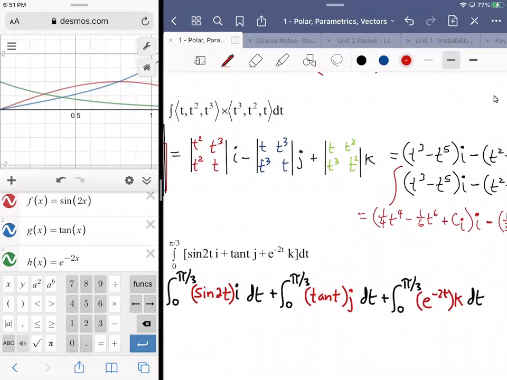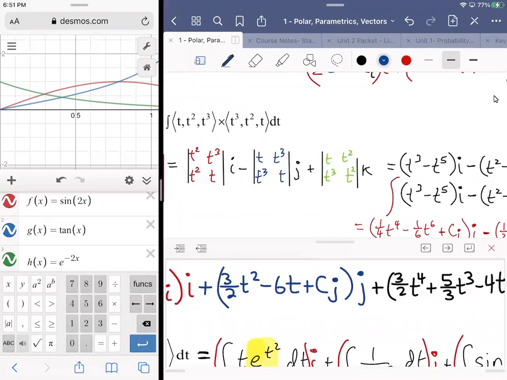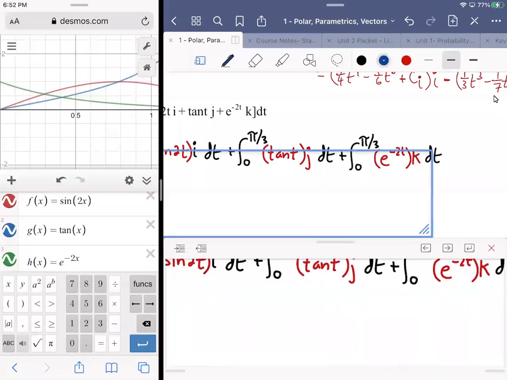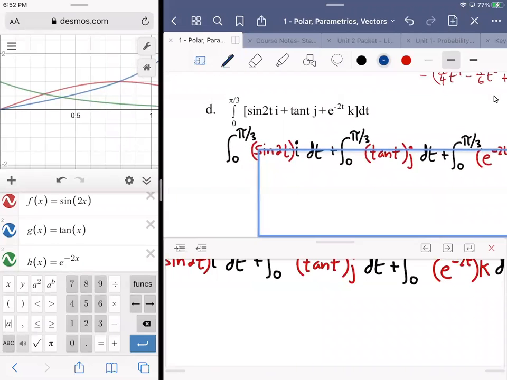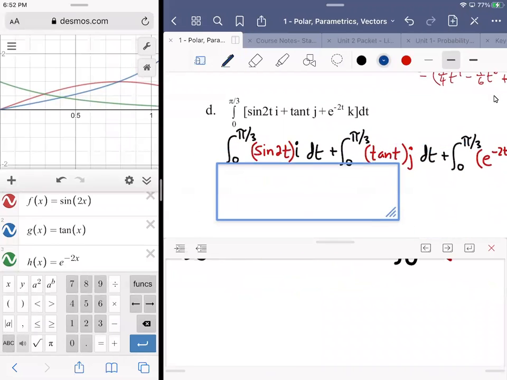Right? So antiderivative of sine of 2t, we've been down this road before. That's going to be, let me get my writing instrument up here. So negative, and again, I kind of have this mentality, and maybe I spend a little too much time going over basic antiderivative rules, but in my experience, people have struggled with that in the past.